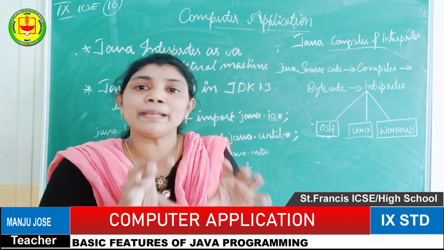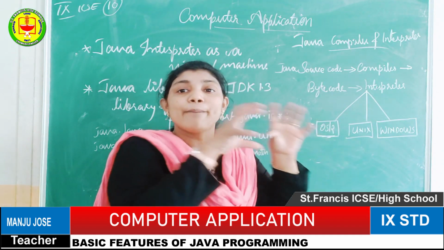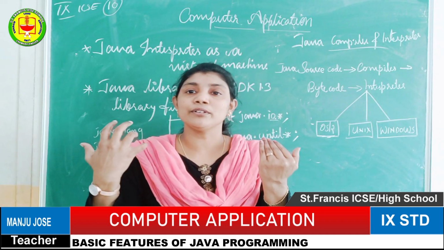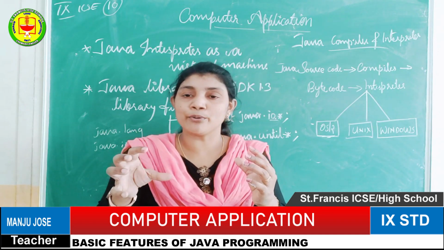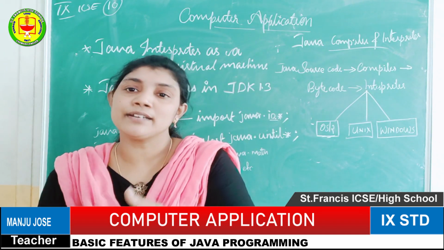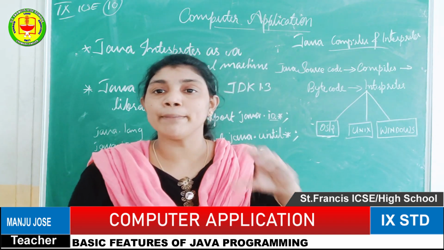The interpreter is connected to different types of operating systems, and that information is passed to the operating system. Then we get the output of the program through output devices, like a monitor or printer. So this is the way Java programming works.